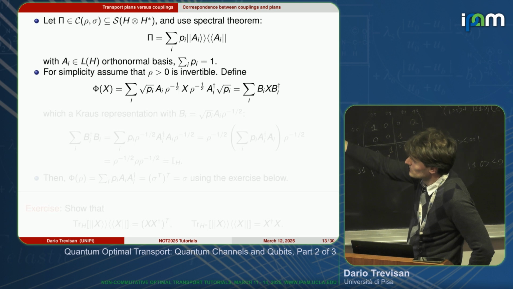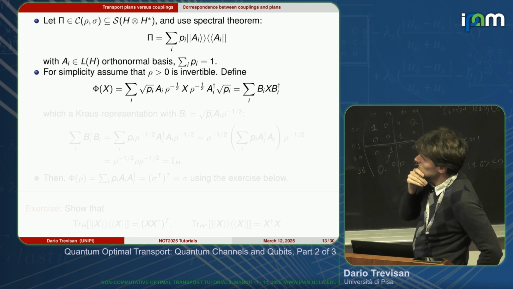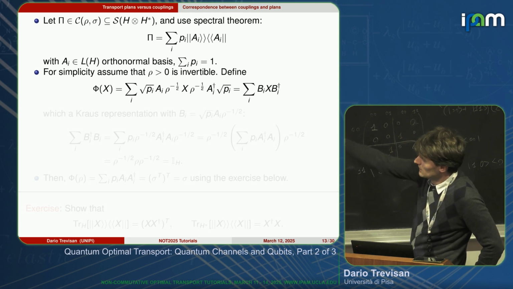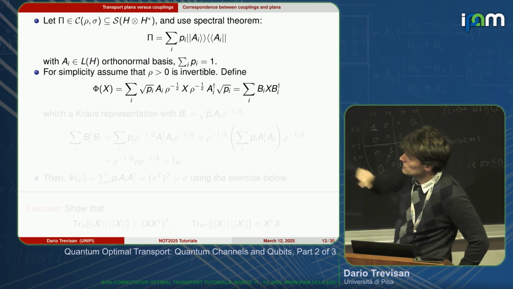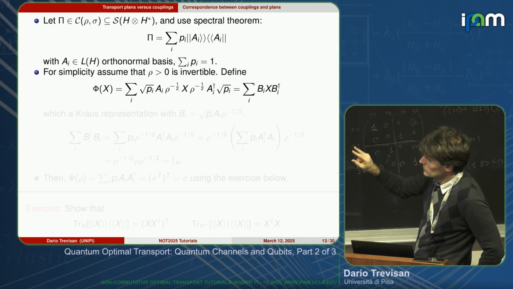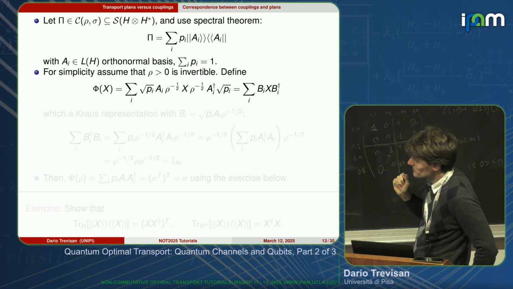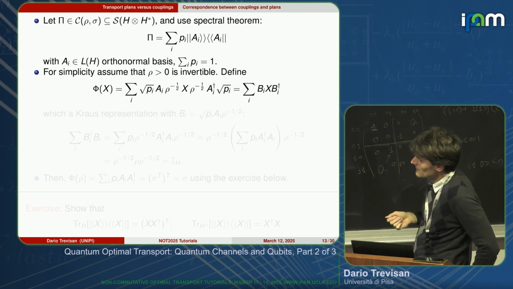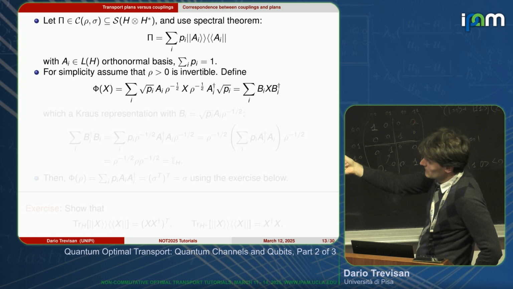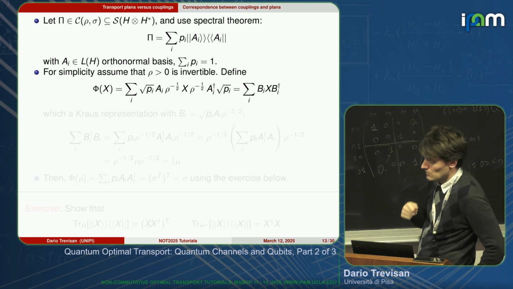Again, you use the spectral theorem. So the spectral theorem will give you this decomposition. A coupling is a state, so you can always diagonalize. The point is now it's a state over H tensor H star. So you will find these eigenvectors which correspond to linear operators. And also you have the weights, which are the probabilities, which sum to 1. So the point is that starting from these operators A_i, you build the Kraus operators.